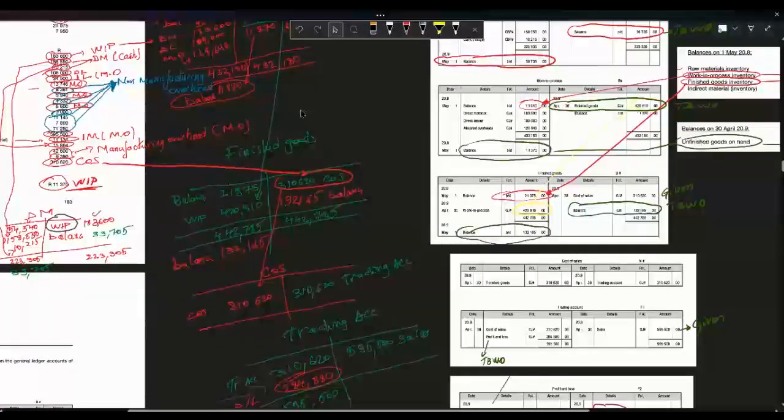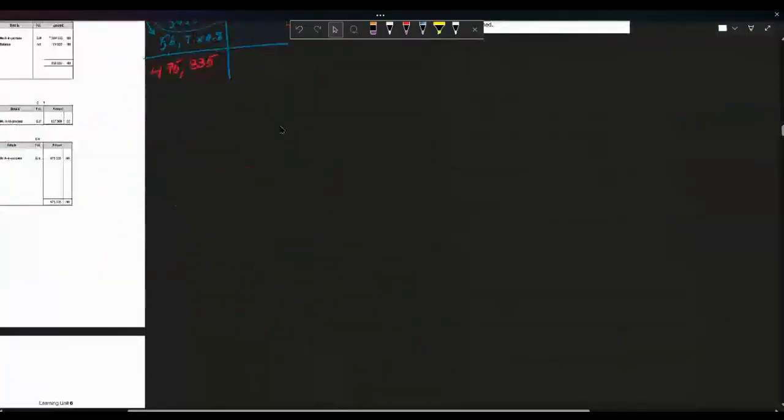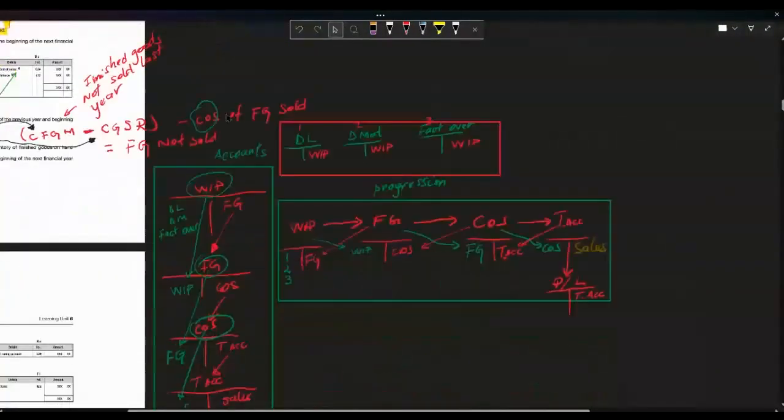And the cost of sales on the other side. Remember again this progression, very important. The cost of sales will become an account in its own right, and we need to balance the finished goods and the trading account.